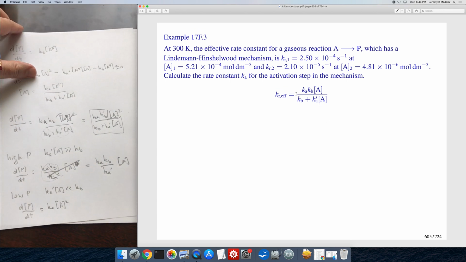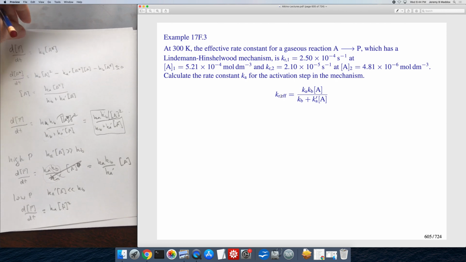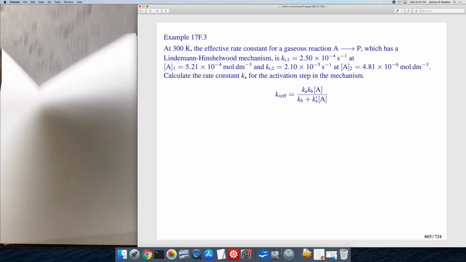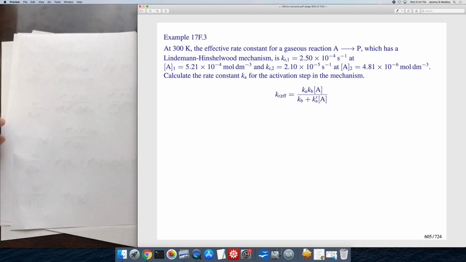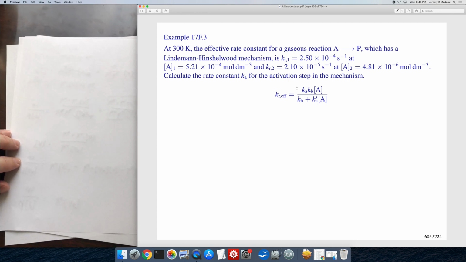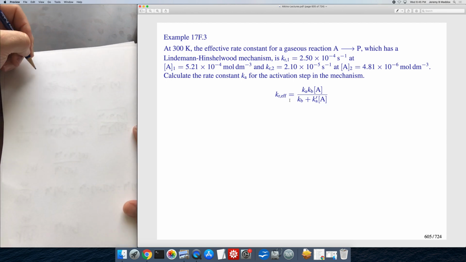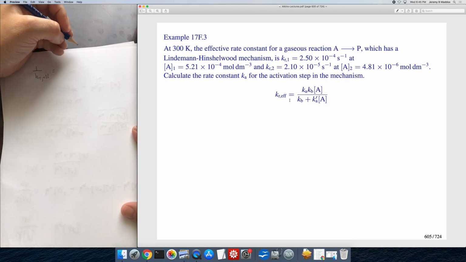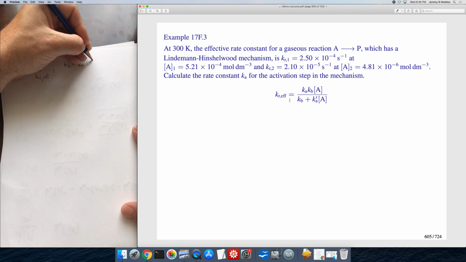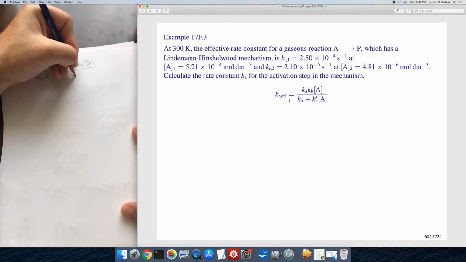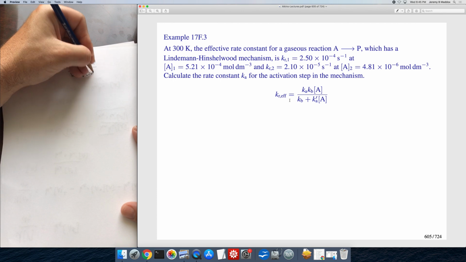So they've introduced this effective rate constant, which is effectively what you would observe under the assumption of unimolecular kinetics. You can take 1 over this effective constant, and it's going to give you Kb plus Ka prime times A over Ka Kb times A.